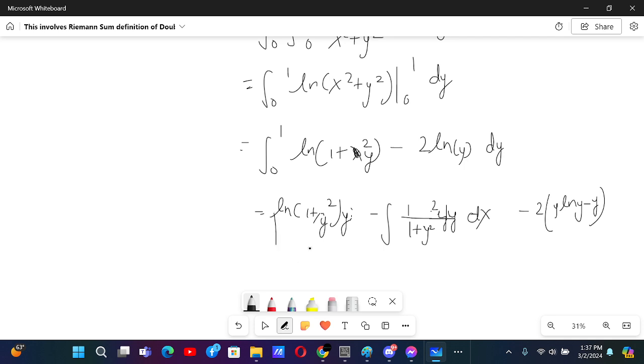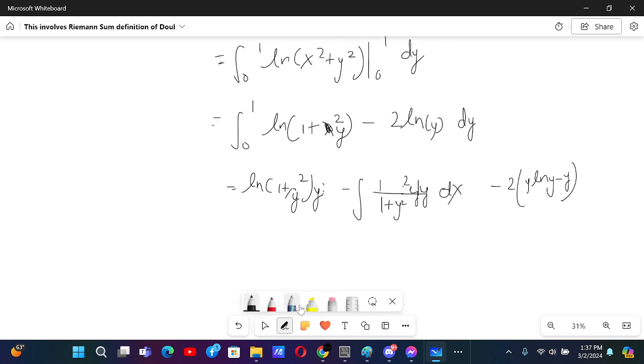Now for this thing, here we can write this as, I can take 2 outside and write this as, we had y square, so y square plus 1 minus 1.